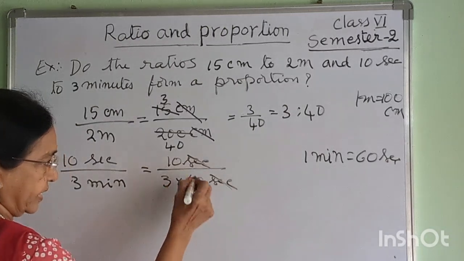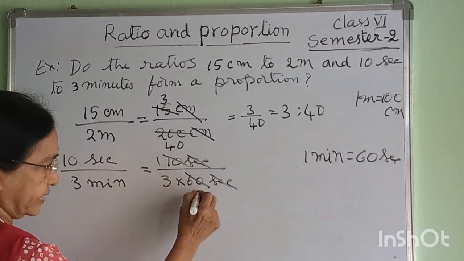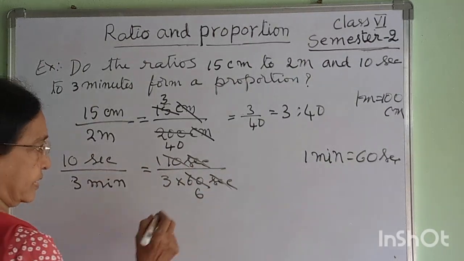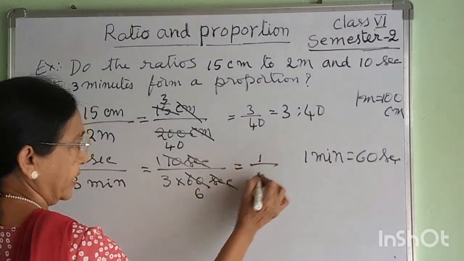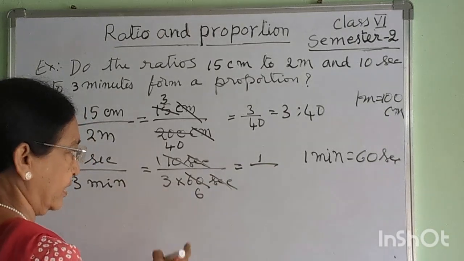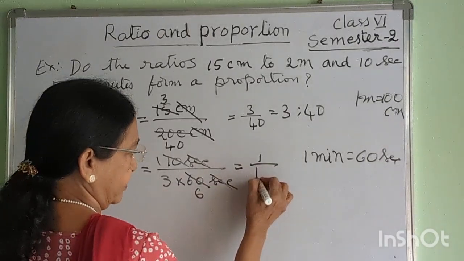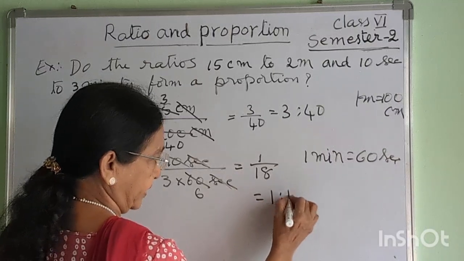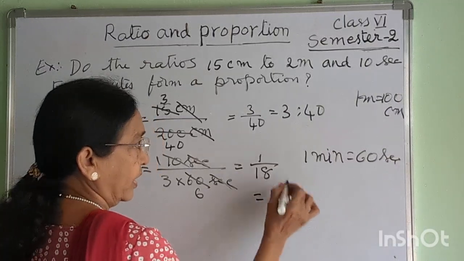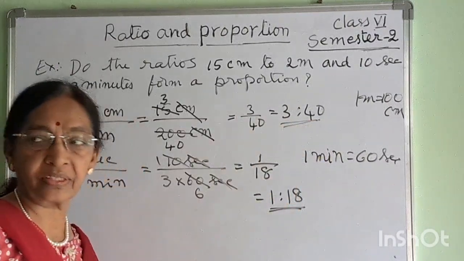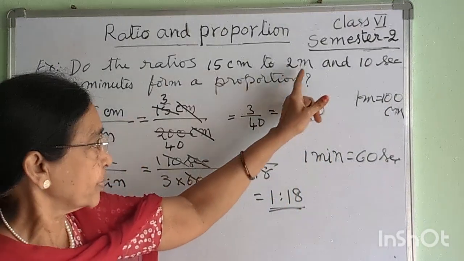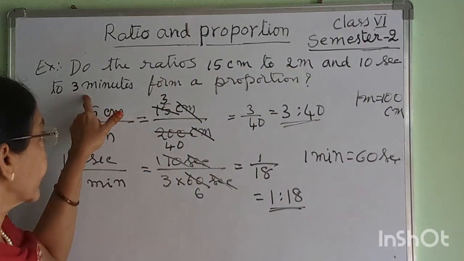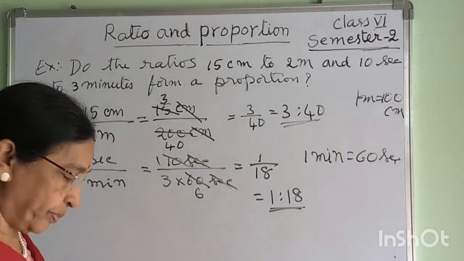So seconds get cancelled. 10 ones are 10, 10 6s are 60. Therefore this is equal to 1 by 6 threes are 18, 1 by 18 or 1 is to 18. So these two ratios are different. They are not equal. So 15 centimeters, 2 meters, 10 seconds and 3 minutes are not in proportion.